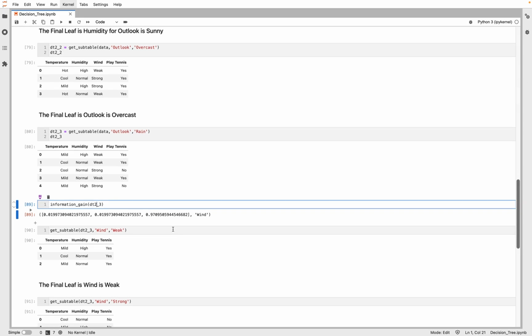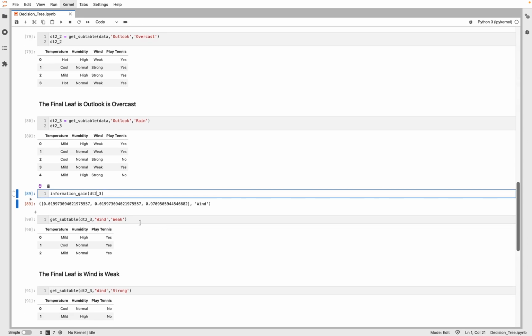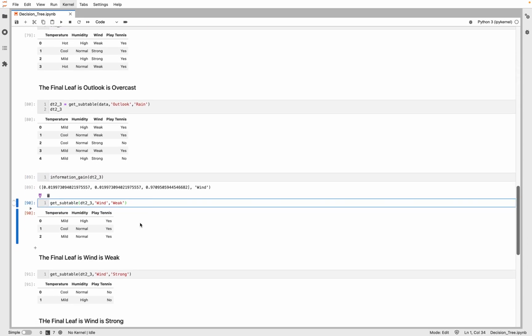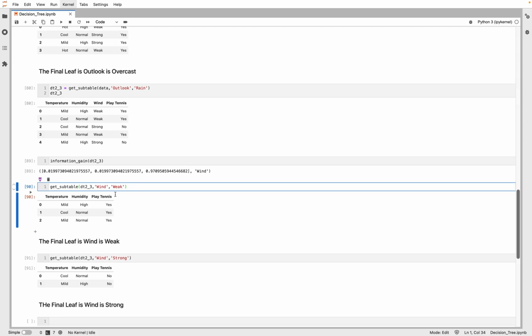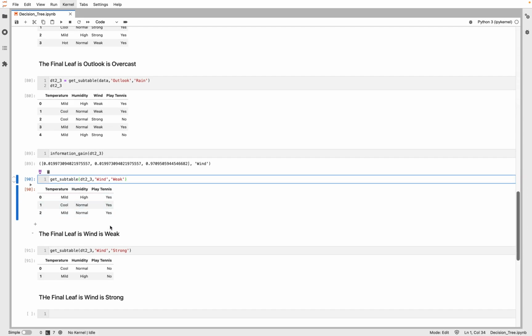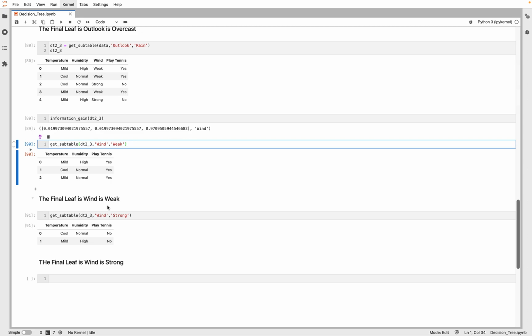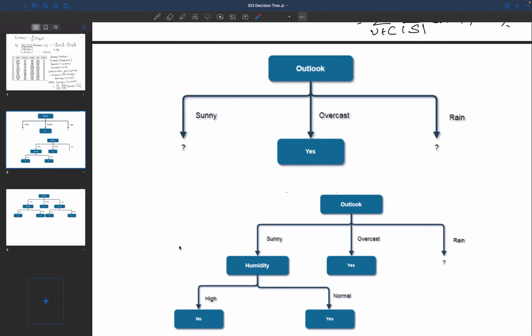So the next level will be wind. There are 2 possibilities of wind, weak and strong, and this is a subtable for the wind that is weak. Since all of them are yes, this will be the final leaf. Similarly, when the wind is strong, all the play tennis is no, and that will be the final leaf as shown over here.